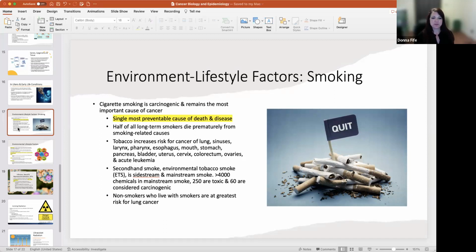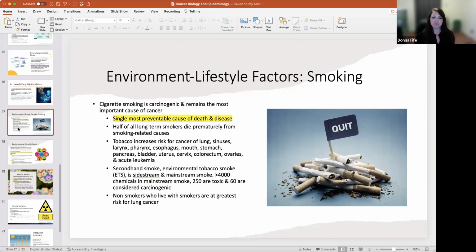Tobacco increases the risk of cancer of the lungs, sinuses, larynx, pharynx, esophagus, mouth, stomach, pancreas, bladder, uterus, cervix, colorectal, ovaries, and acute leukemia. There's also an issue of secondhand smoke, in which we have environmental tobacco smoke, and it can be considered either side stream or mainstream smoke.